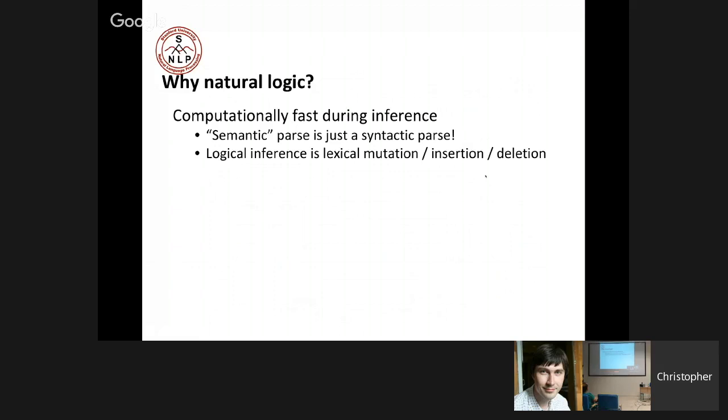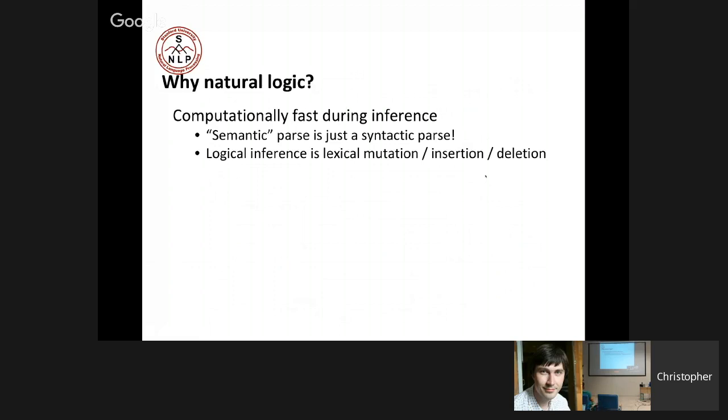Okay, so what's good about using a natural logic proof method like this? A great thing about it is it's actually very computationally fast during inference, so that we don't have a semantics as some kind of logical knowledge representation that's hard to get at with a lot of uncertainty, that all we're using is a straightforward syntactic parse.